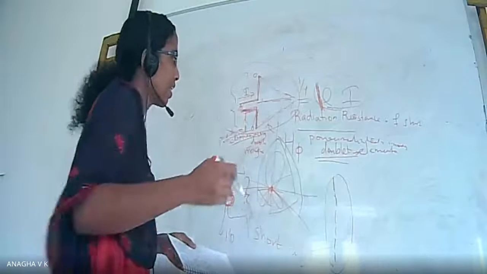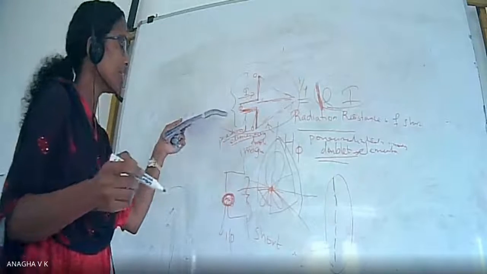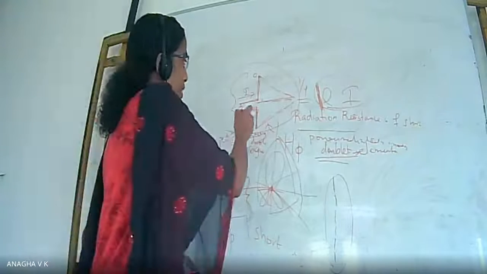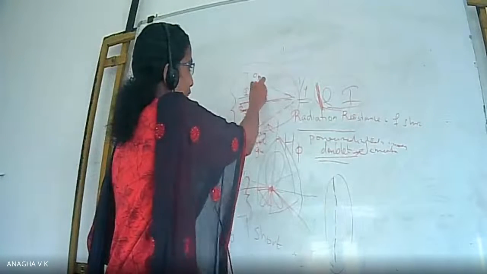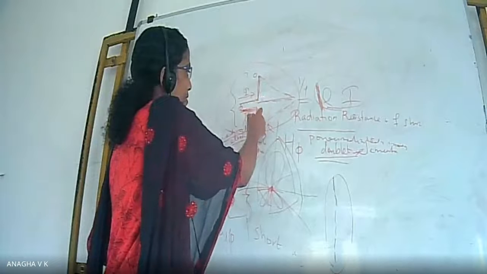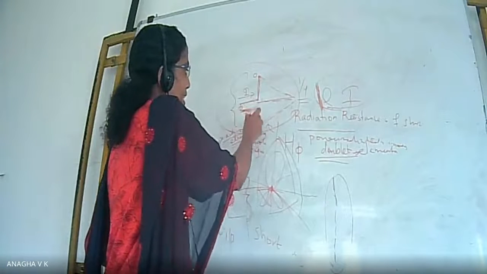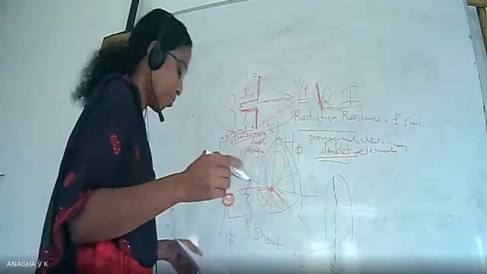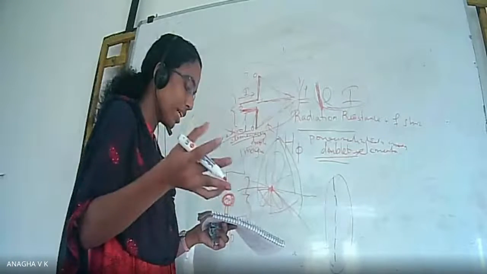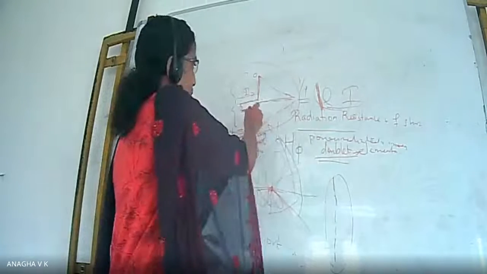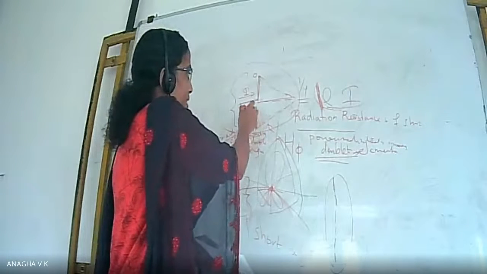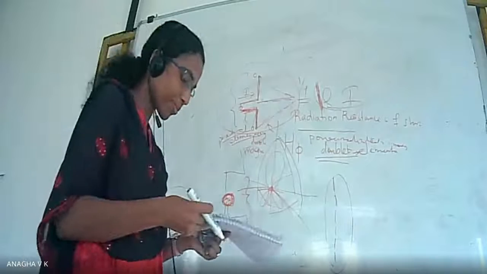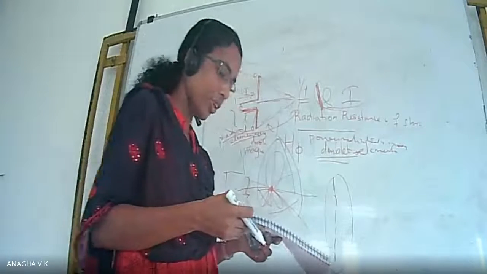We can consider the current uniform throughout the entire length, because the short dipole, as the name indicates itself, is very short. So the current is very uniform in the short dipole. The current is the same at every point, because it is a very short dipole.